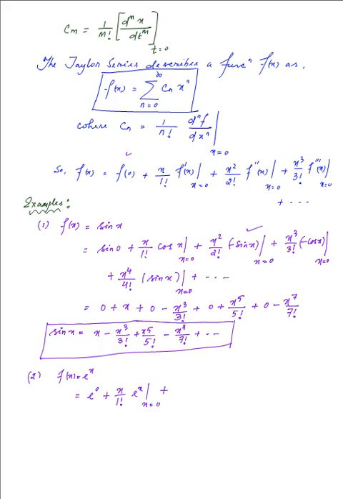Then the second term has x squared over 2 factorial. The derivative again is going to be e to the power x, and we set x to 0 once again. So we continue like this with all the terms. We drop it over here, and then we write down the values that we get for e to the power x.